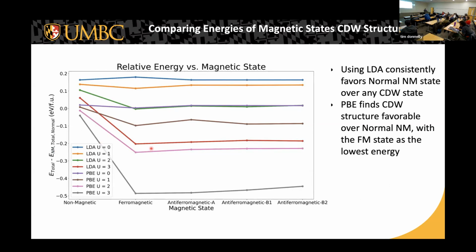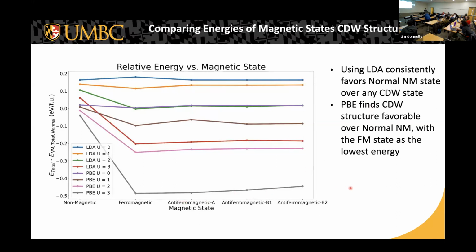What you are seeing, LDA consistently favors the normal non-magnetic state over the charge density wave state. So this is not good, not aligned well with the experiments, because in this case we shouldn't observe this, and vice versa. PBE prefers the charge density wave geometry and favors the AFM state.